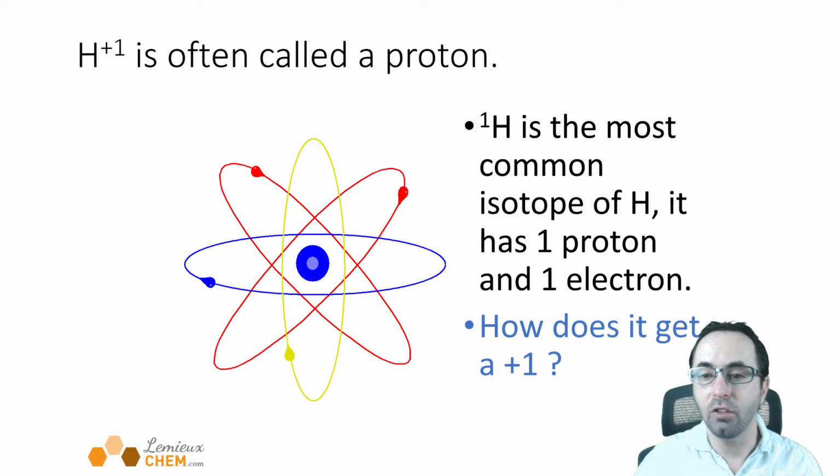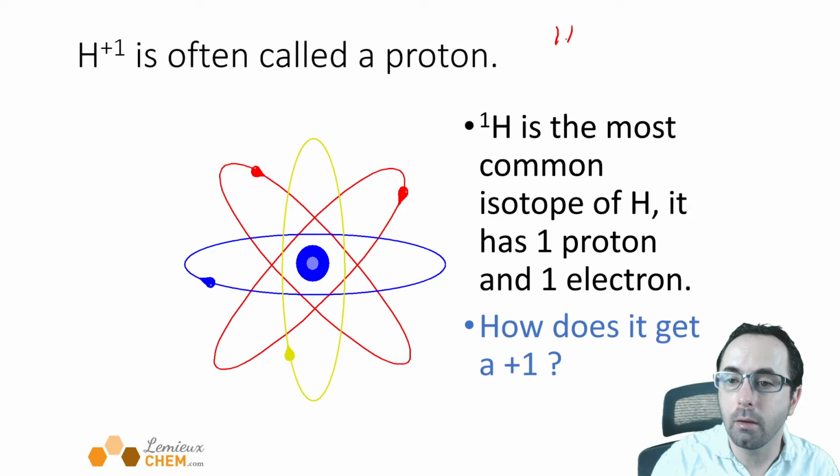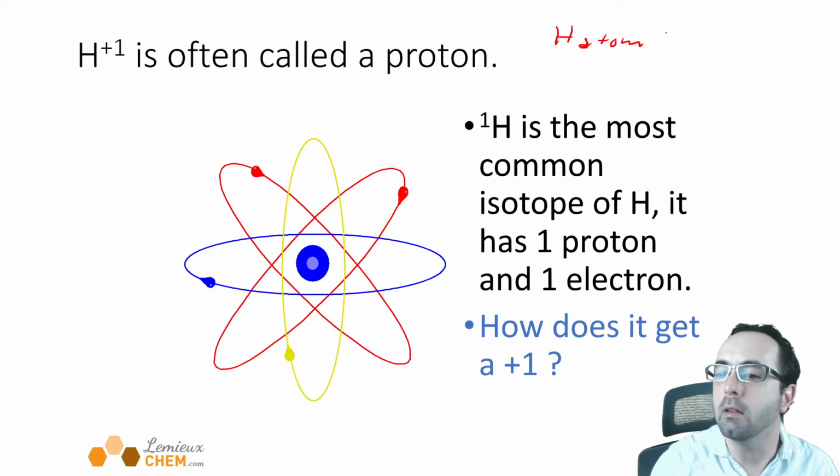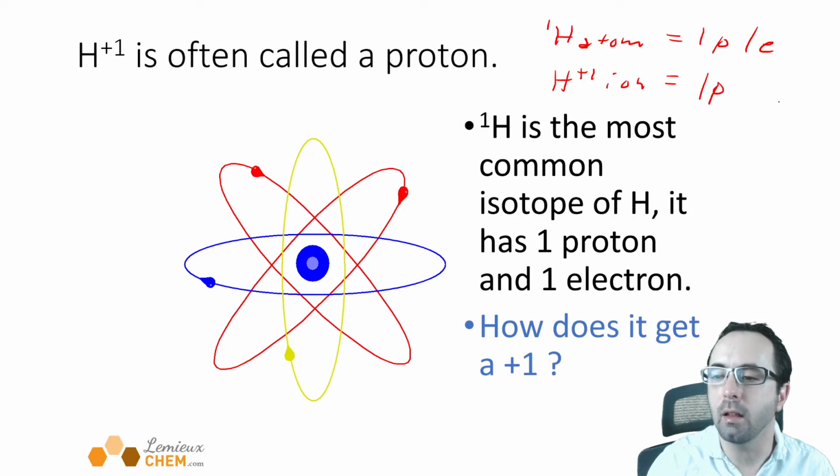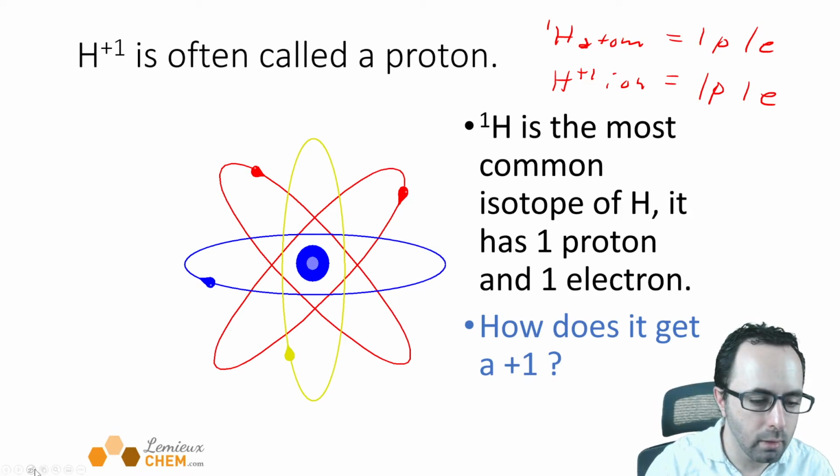So an H atom is 1 proton and 1 electron, and if it's hydrogen 1, it's got no neutrons. An H plus 1 ion only has the 1 proton because the electron has been removed. I'll just use a different color here.